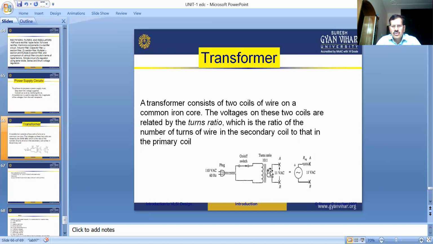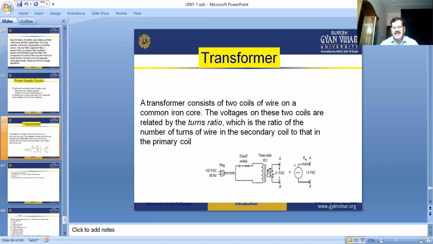Like this is the first cycle of the supply. The next cycle of the supply: one cycle of the AC supply is 0 to 180 degrees, and the second cycle of the AC supply, 180 to 360, is applied in the same manner to the two forward diodes and two reverse diodes.